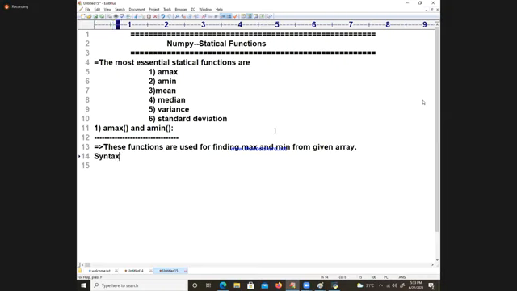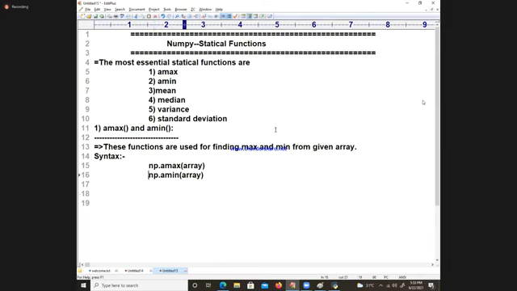What is the syntax here? NP dot A max of array, NP dot A min of array. This is also an array. I will give you these things also.